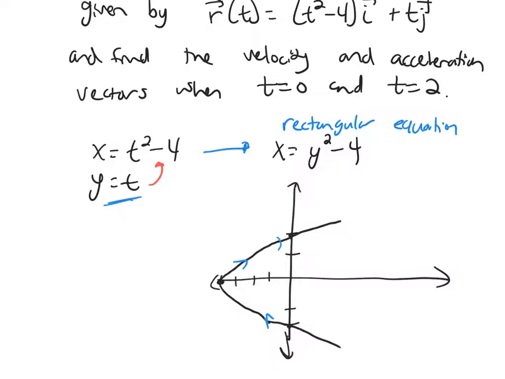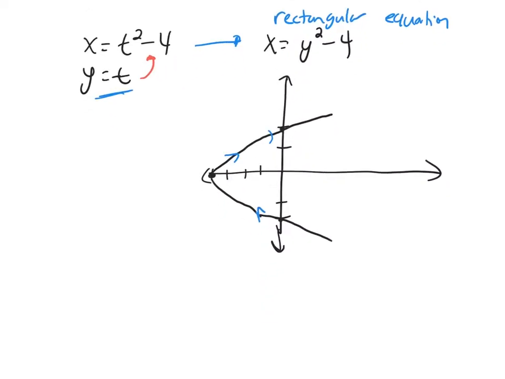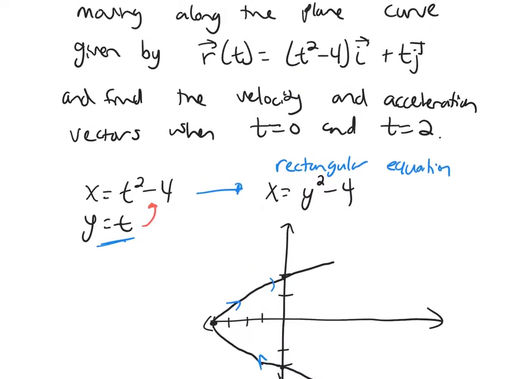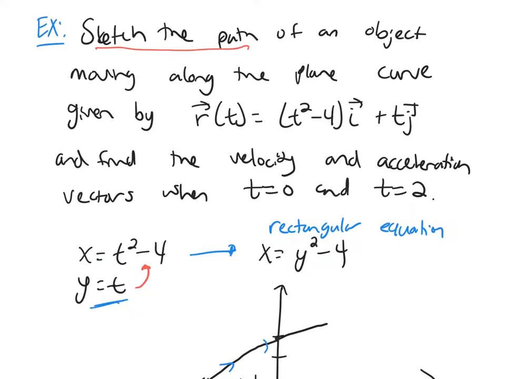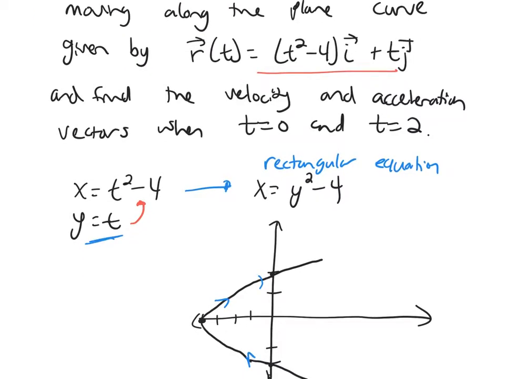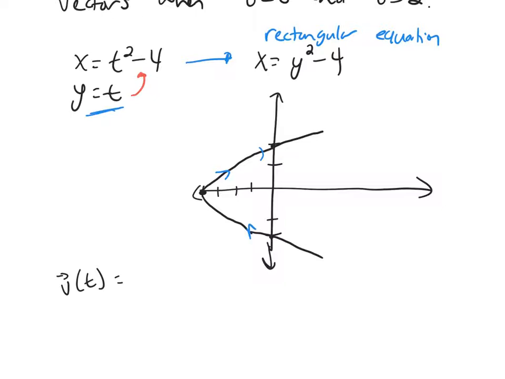Okay, so now what it wants me to do is find the velocity and acceleration. So let's find the formula for velocity. I have to take the derivative of my position vector up here. Take the derivative of that, you'll get 2t i plus j.